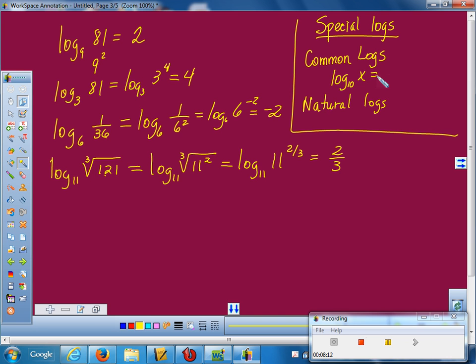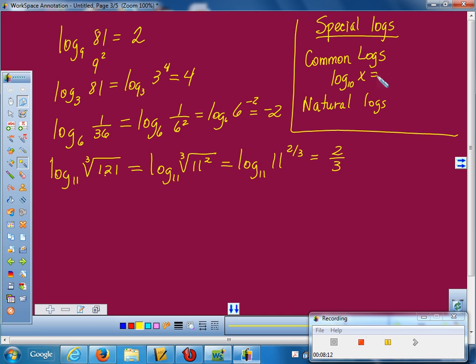If Shannon does astronomy and she's talking about distances to the stars, that's in millions or billions of miles away, so you're going to change it into scientific notation times 10 to the whatever power. That's because our number system is base 10.